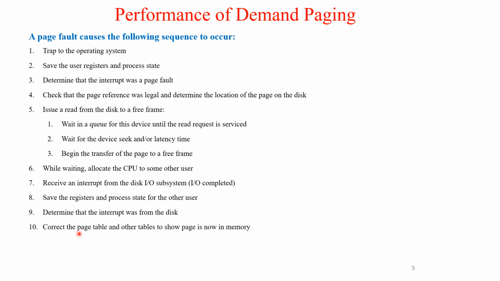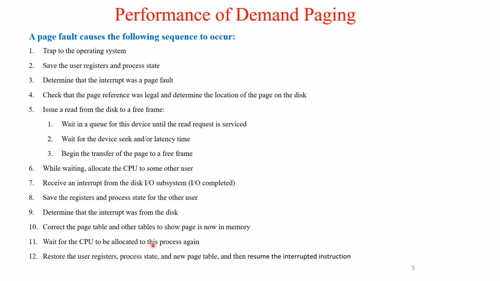I will correct the page table and other tables to show that the page is now in memory. Then I will wait for the CPU to be allocated to this process again. And then I will restore the user registers, the process state, the new page table, and then resume the interrupted instruction. So these 12 steps will happen in sequence during a page fault.